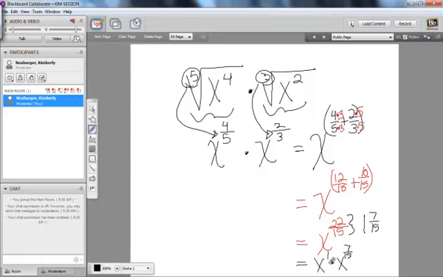X to the first can stay out here, and then if we do our radical, this turns into x times the 15th root of x to the 7th, and that would be our simplified form.